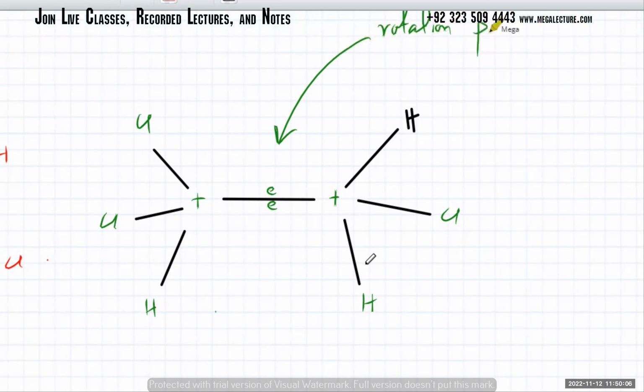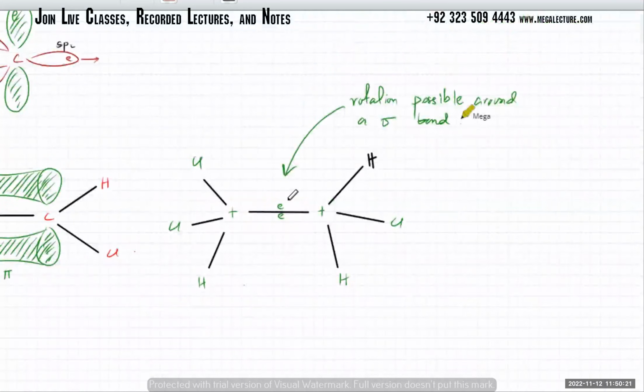So rotation is possible around a single bond, which is a sigma bond. I'll explain that later. But right now, the basic idea is rotation is possible around a single bond.